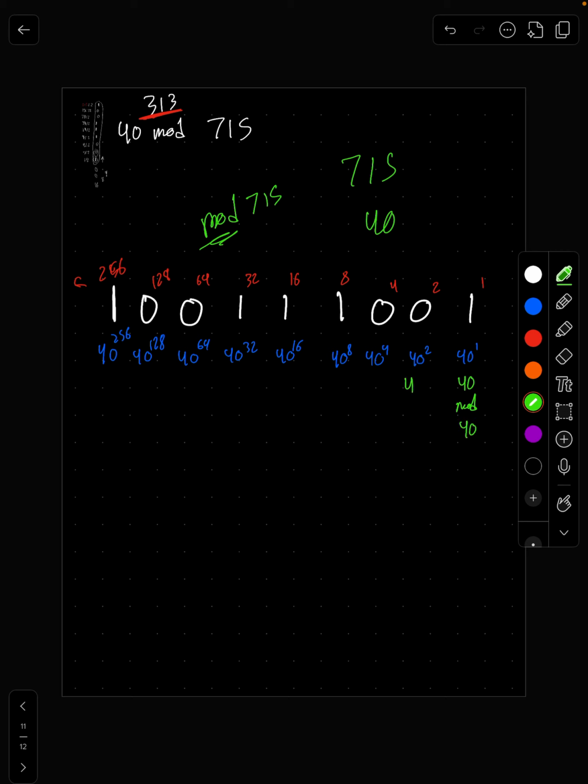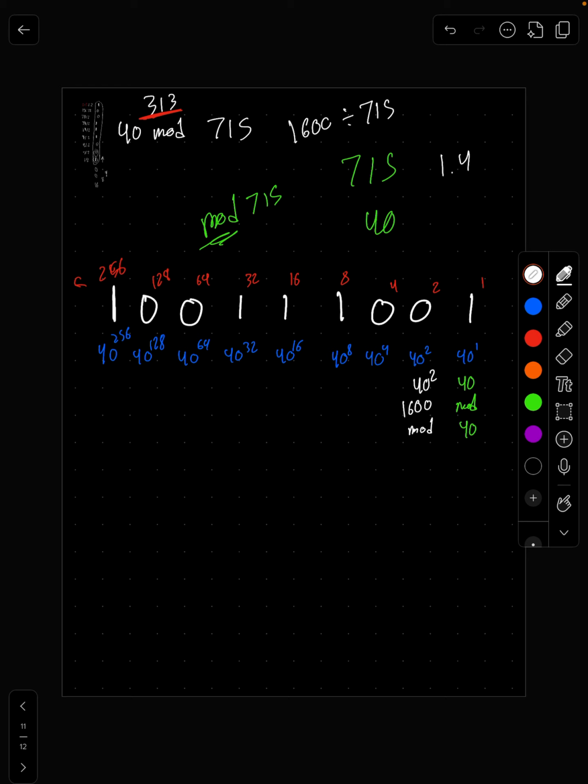So we put 40 over here and we square it. So this is 40 squared, and then we mod that. So this is 1600, and then we mod it. That's 1600 divided by 715.